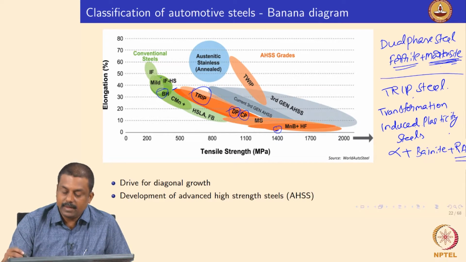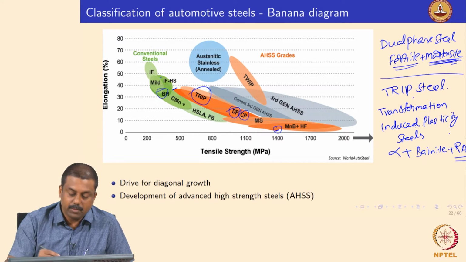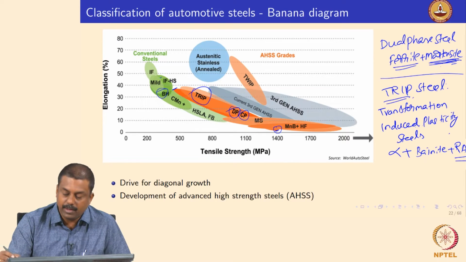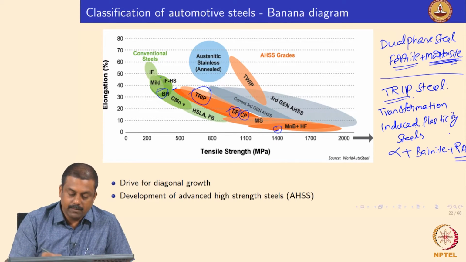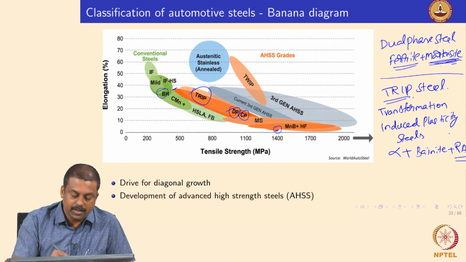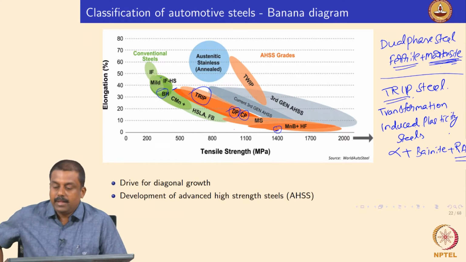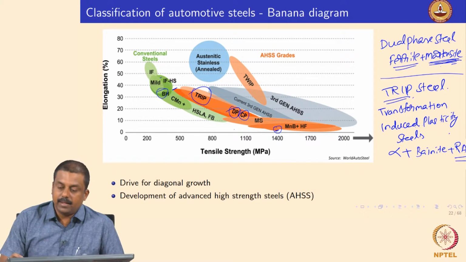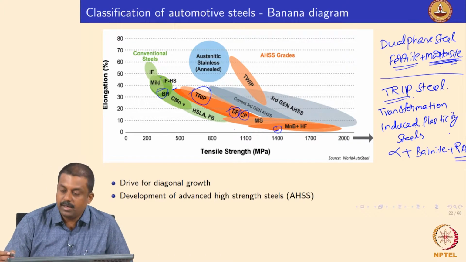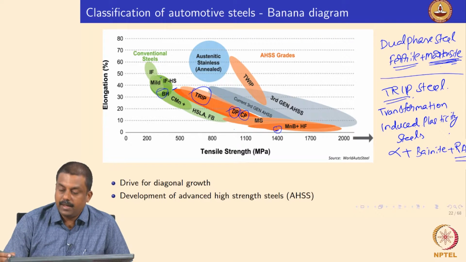Because these steels were the first ones to be commercialized, and some amount of TRIP steel and dual phase steels are very widely used nowadays in automobile bodies, and the strength level varied from close to 500 to 1000 MPa. So these steels started coming to commercial applications in early 2000 or so.